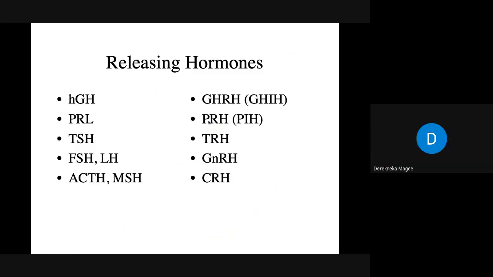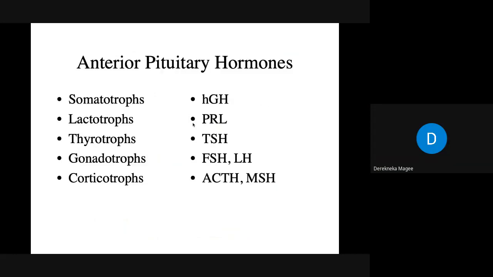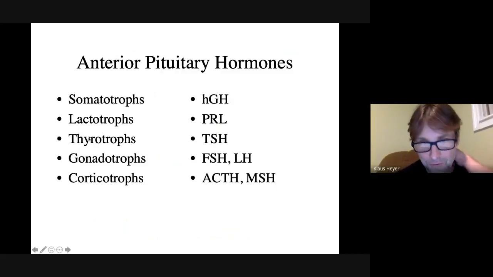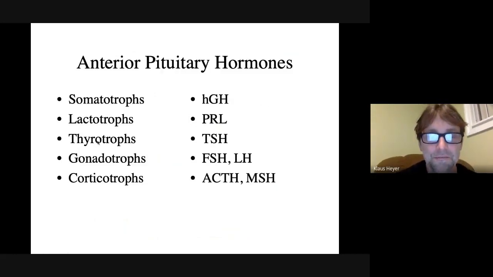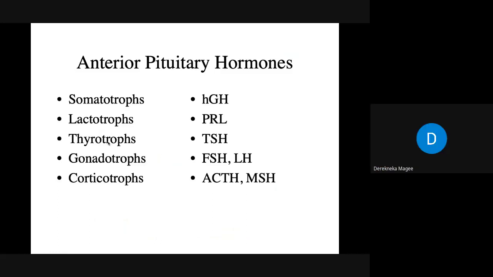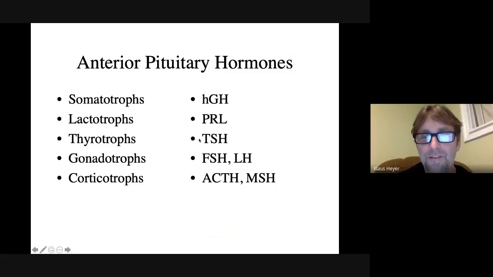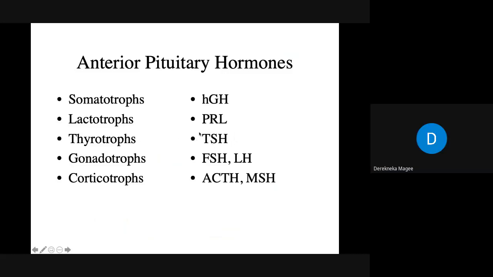So then TRH makes the thyrotrophs, right? It causes the, this I meant to say, it causes the thyrotroph to do what? It causes it to release the hormone, which is PRL.